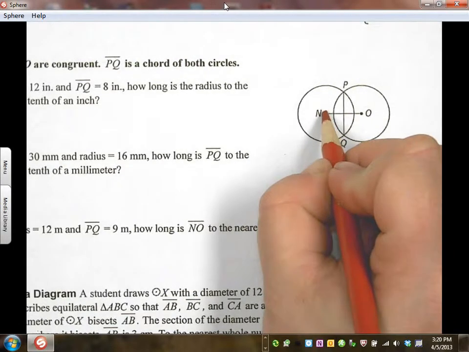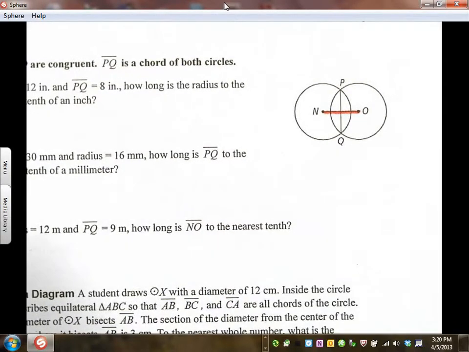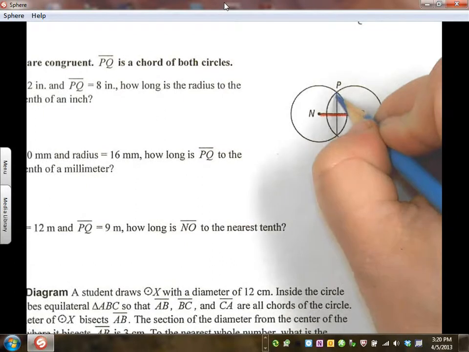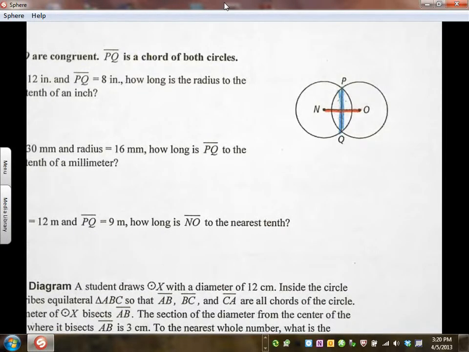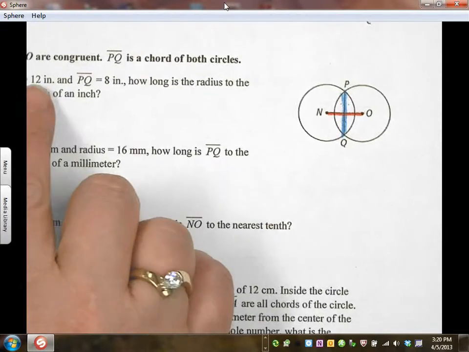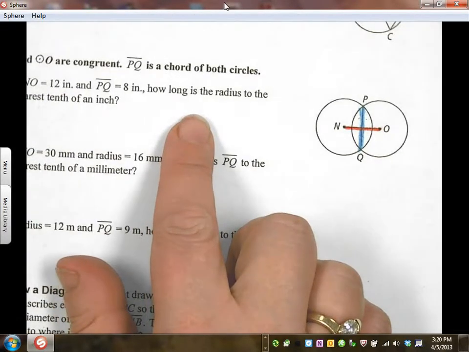I know that this is a chord, and I know that this is a chord in both of them. Where they intersect, it tells me that they are perpendicular.